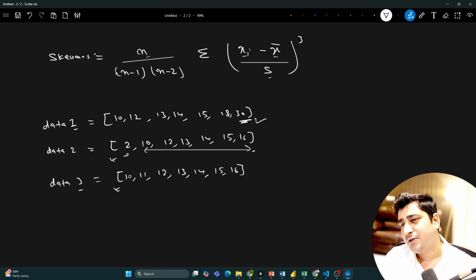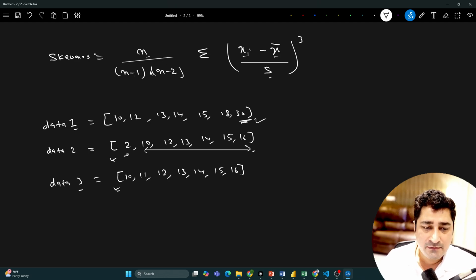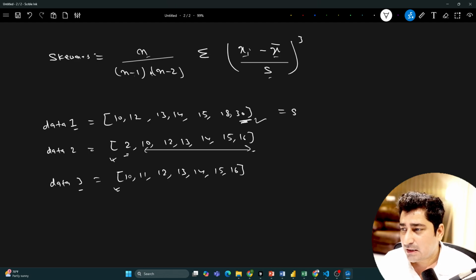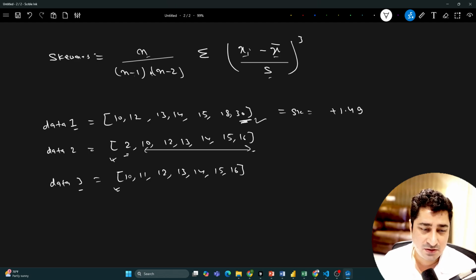So I can use the above formula, and based on it I will be able to do the math. If I calculate the skewness for my data number 1, it is going to be positive 1.49. Just use this formula: you have to find the mean and standard deviation, which you can find quickly. I have already done my math.